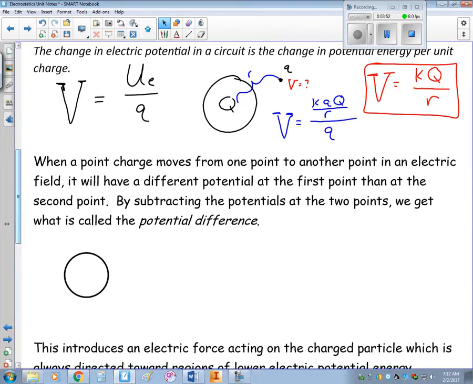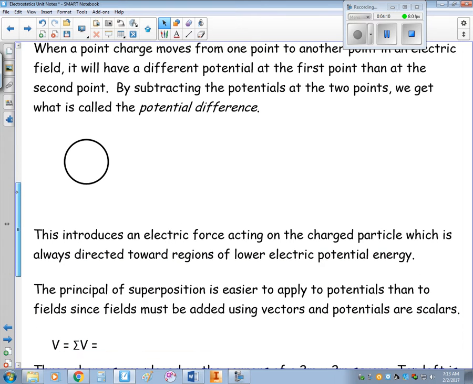Now, when a point charge moves from one location to another inside an electric field, it will have a different electric potential at the first point than it did at the second. So by subtracting the two potentials at those 2 points, we get something called the electric potential difference, or potential difference. So here we have some object that has a charge of Q, and I'm going to take a point charge.